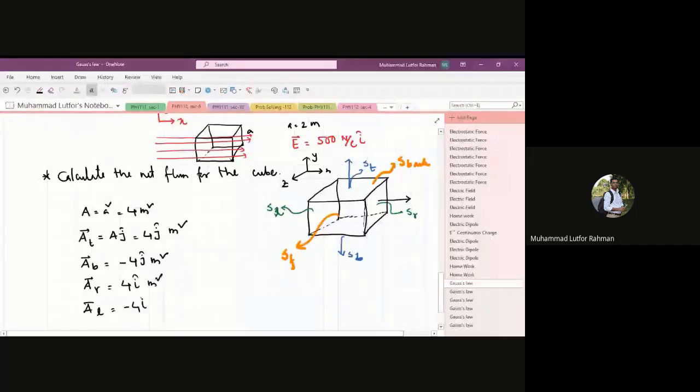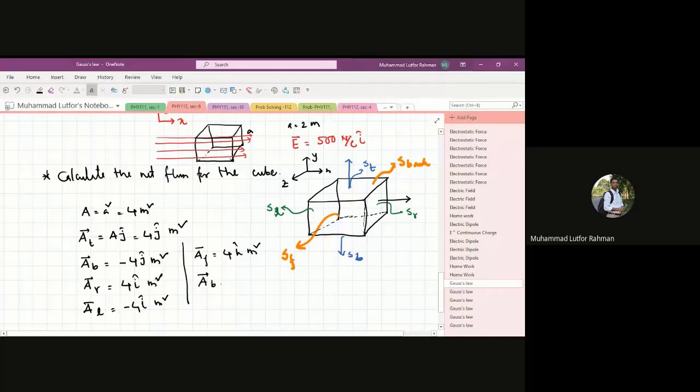And area for the front surface would be 4 K hat meter square. And area for the back surface would be minus 4 K hat meter square.